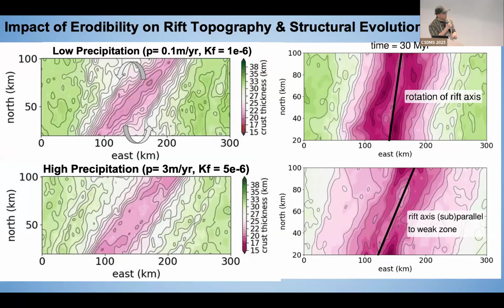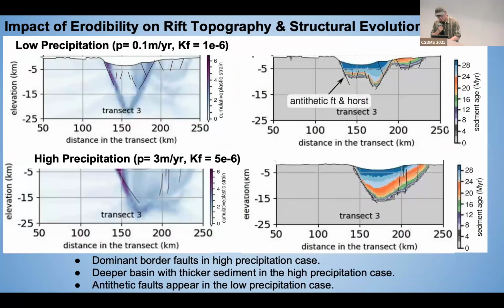parallel to the weak zone. If we draw a cross section from east to west, we can see a pseudo-stratigraphy diagram of the cross-section view. From here, you can see the difference in the rift basin directly. With more precipitation, we can see a thicker sediment basin, but it's in a half graben shape, while in the low precipitation case, it's more like a full graben shape.